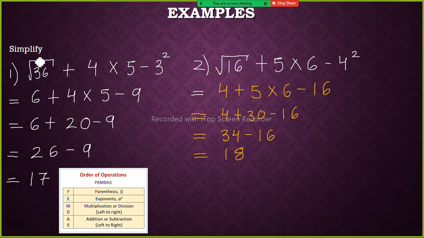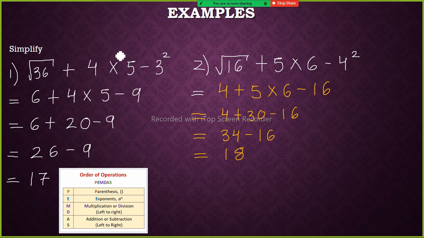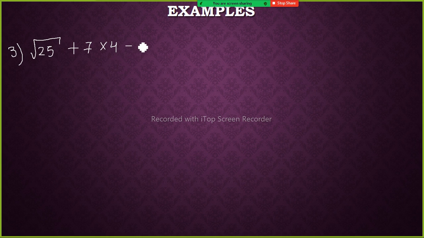We're going to do the square root of 25 plus 7 times 4 minus 2 squared.